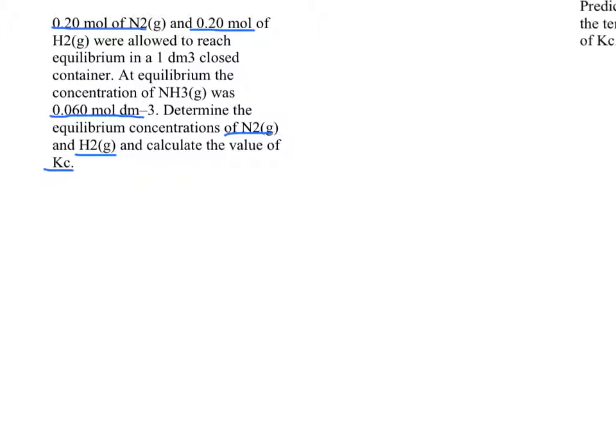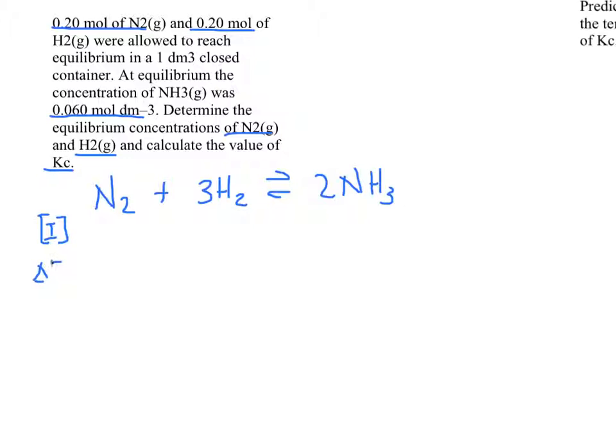So first step, as always, is write the reaction. It was written before, but I'm rewriting it. So N2 plus 3H2 gives us 2 NH3s. We need to set up our initial concentration, our change in concentration, and our concentration at equilibrium.